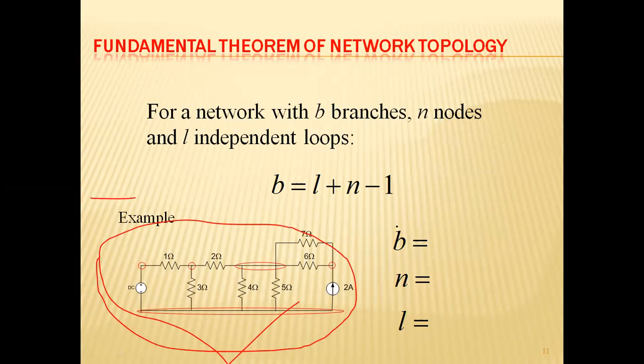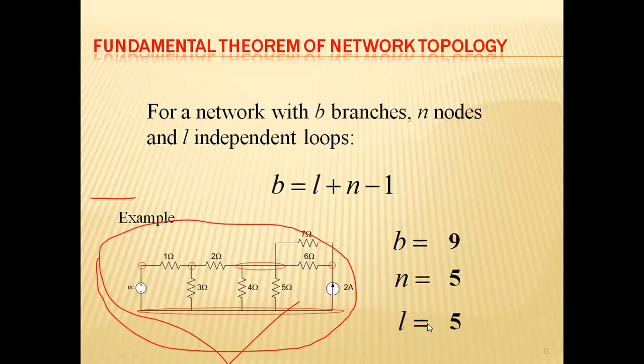As you can see, for a network with B branches, N nodes and L independent loops, we can calculate B equal to L plus N minus 1. Here N is the number of nodes, which is 5: 1, 2, 3, 4, and this last one 5.